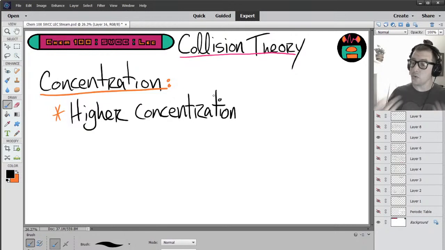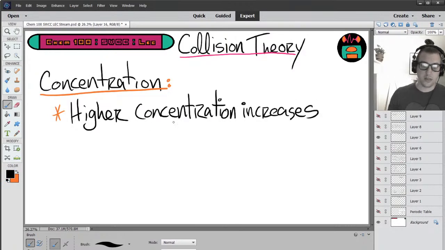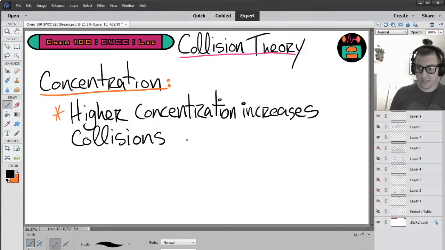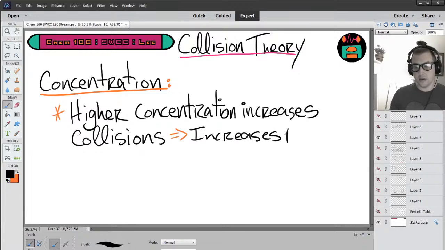If you have more collisions, that's going to increase your rate. So higher concentration increases collisions, which increases reaction rates.